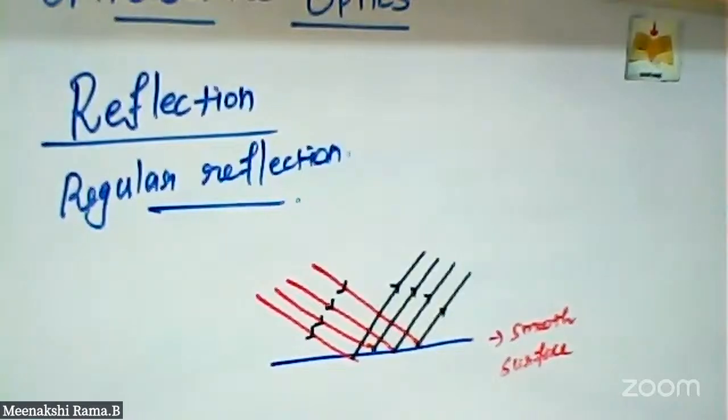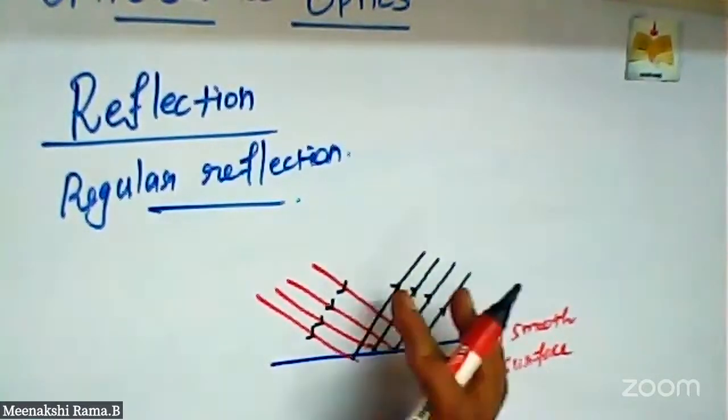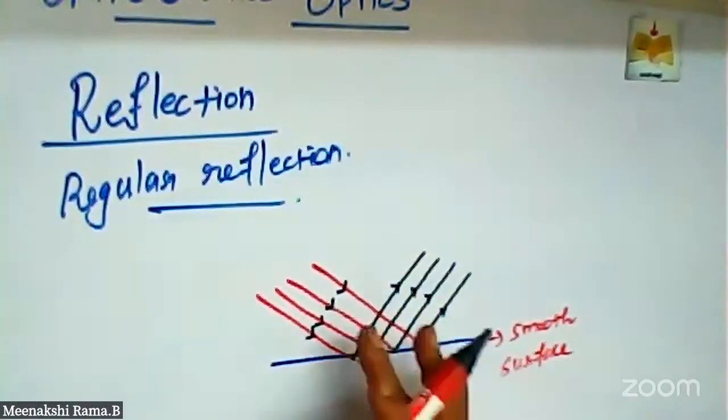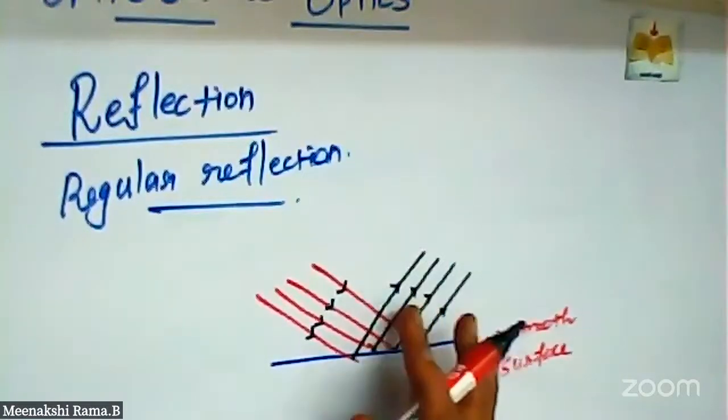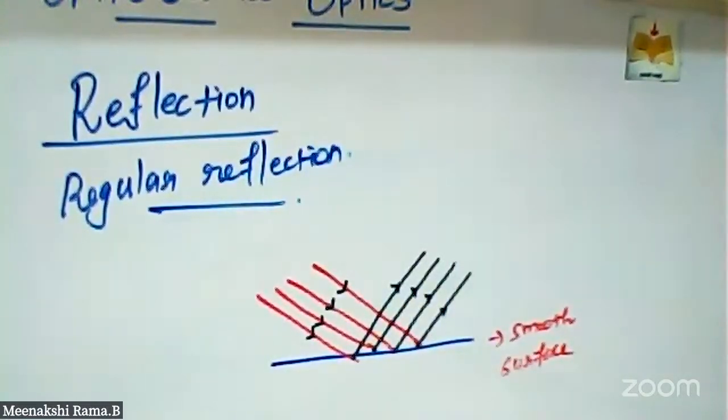After reflection, the reflected rays will be parallel to the incident rays. Is it parallel or not? Yes, each and every ray is parallel. So the incident rays and reflected rays are both parallel.